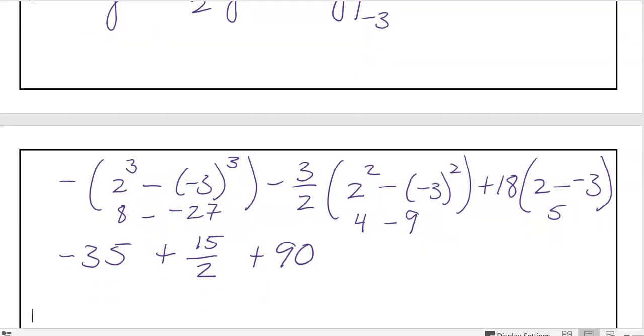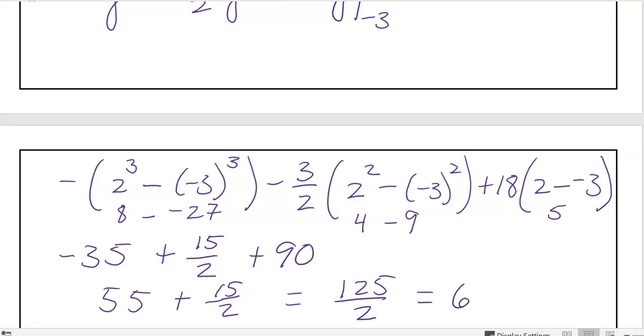If I take the 55 then and add on the 15/2, I should be able to come up with the final answer. Since 55 times 2 is 110, this would give me 125 divided by 2, which could also, of course, be written as 62.5. That would be the final value for this example.